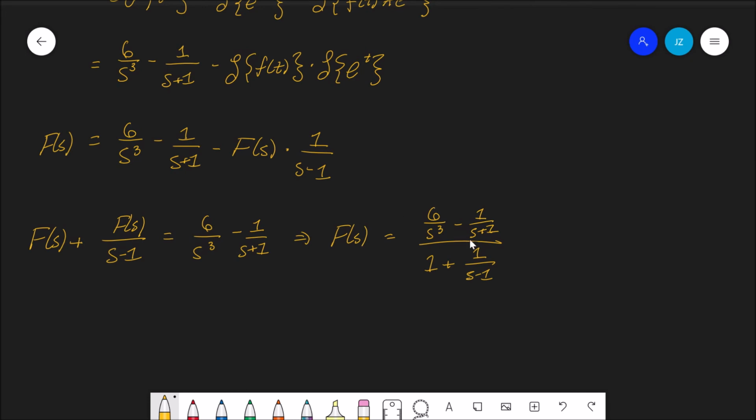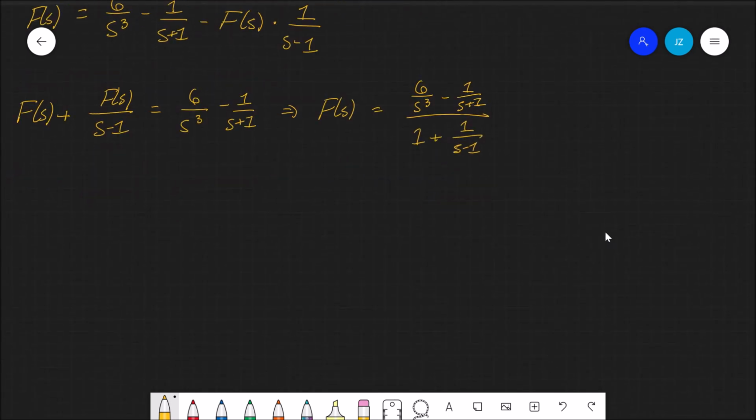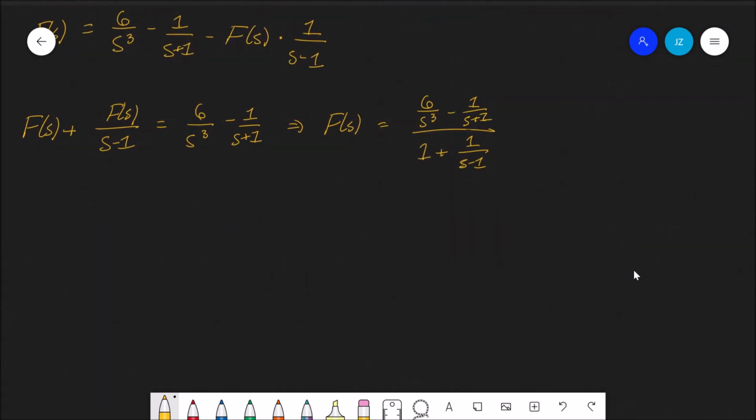Now we just have to simplify that fraction. We want to write it as a single fraction, not a nested fraction. So this equals 6 times s plus 1 minus s cubed over s cubed times s plus 1, all over s minus 1 plus 1 over s minus 1.